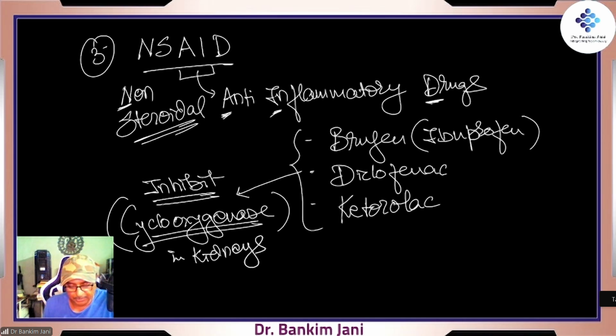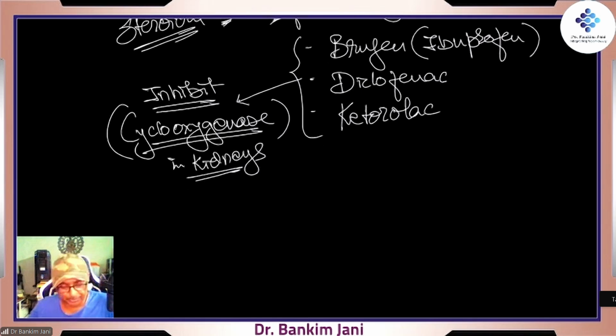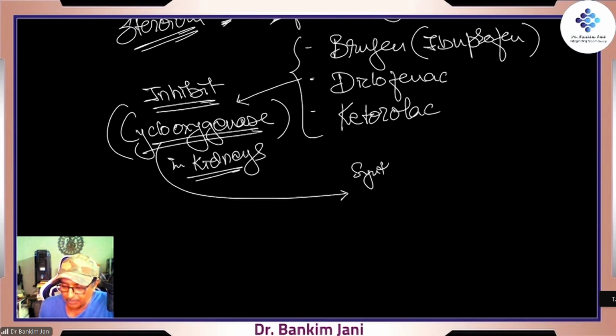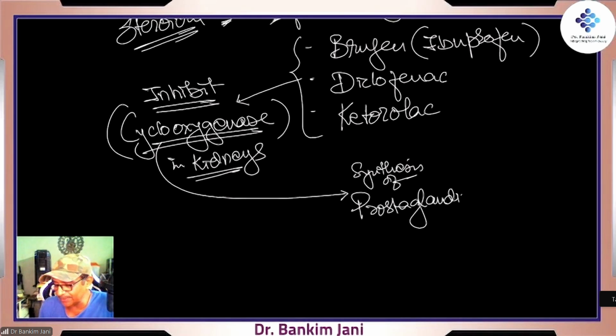In kidneys. So this cyclooxygenase that is produced in kidneys, right? Now this cyclooxygenase is very important because it will lead to synthesis of prostaglandins. You have heard of this name even before also, prostaglandins.